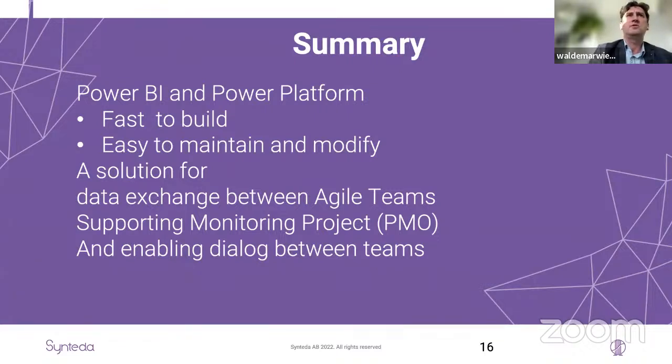This meets the expectations of an Agile company, since we are working in an Agile way, so we have a tool which can be used in this way. So it's a solution for data exchange between Agile teams, big Agile teams. Because if the team is small, then you can have a meeting and people can talk to each other. But if it's big, then it's impossible.